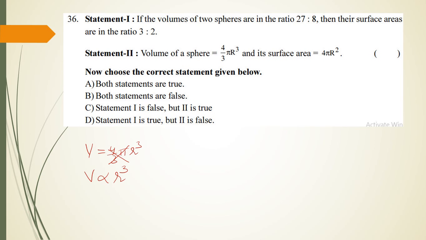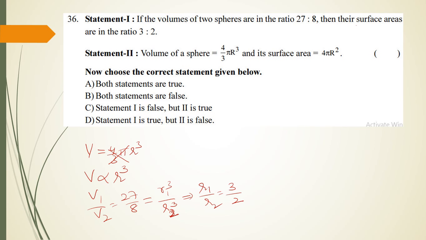That means what he has given, V1 by V2 is equal to 27/8, which is equal to R1 cube by R2 cube. So from this I can say R1 by R2 is equal to 3/2.